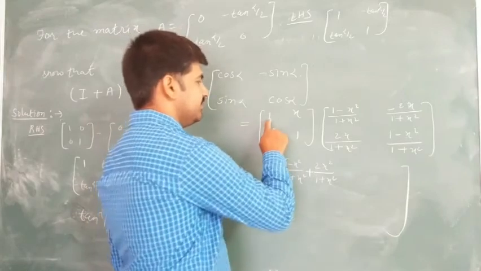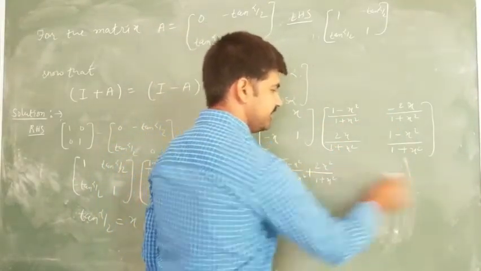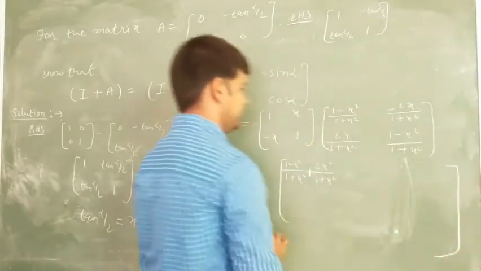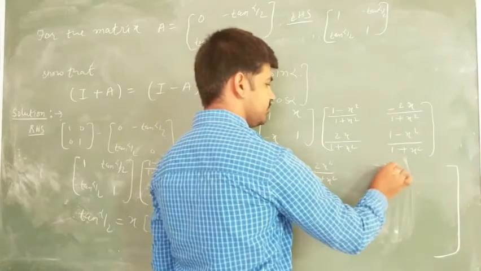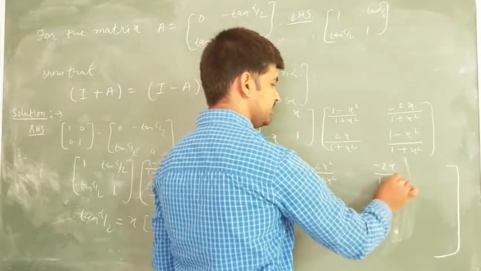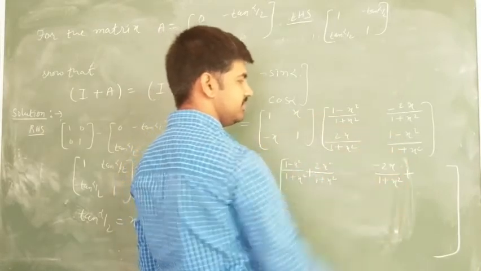The next 1 multiplied by this one, that is minus, for the next element here, a bit larger I am writing, 1 multiplied by this particular term, so minus 2x upon 1 plus x squared, and plus sign this x multiplied by this.